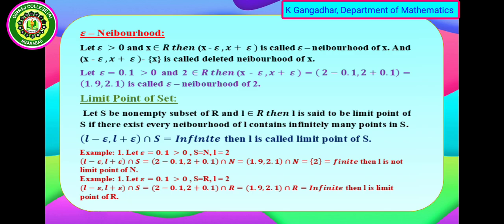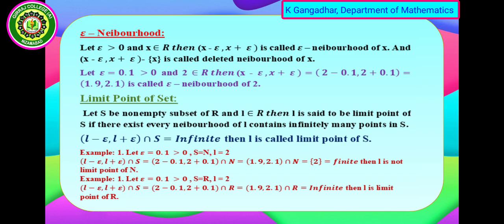So (2 minus 0.1, 2 plus 0.1) intersection N equals the interval (1.9, 2.1) intersection N. In the interval and the natural numbers there is only one common value, that is 2, so it is a finite set. If this intersection is finite, then L is not a limit point of the natural number system.